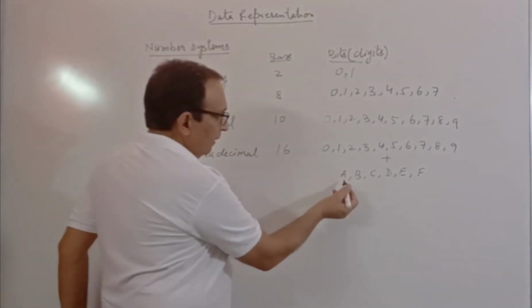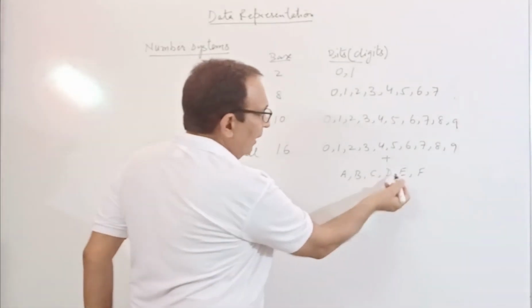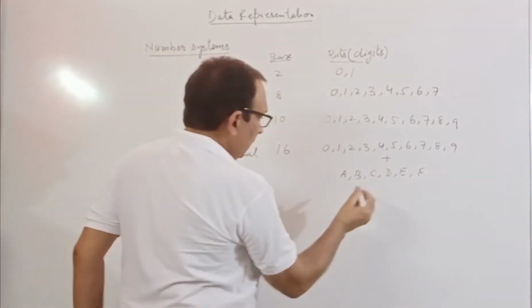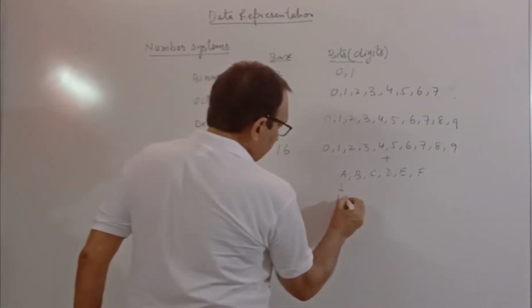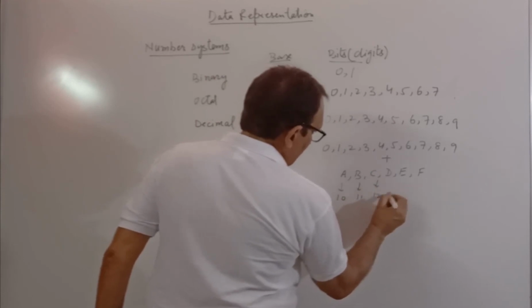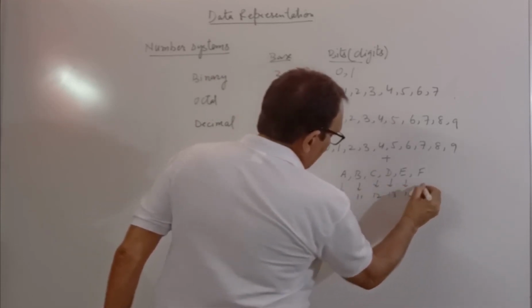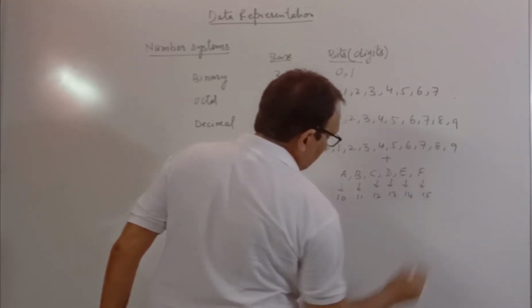So this is 10, 11, 12, 13, 14, and this one represents 15.